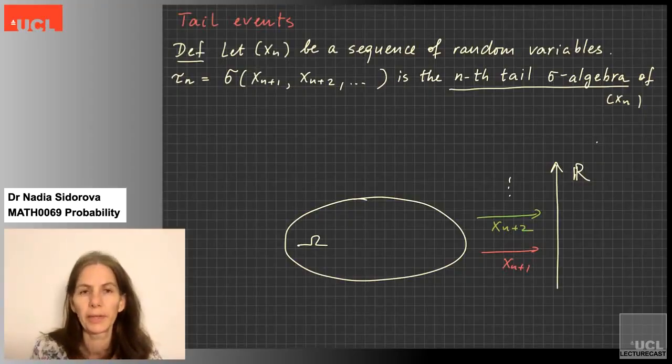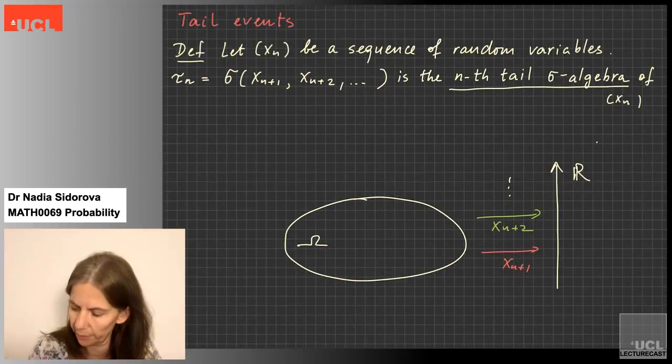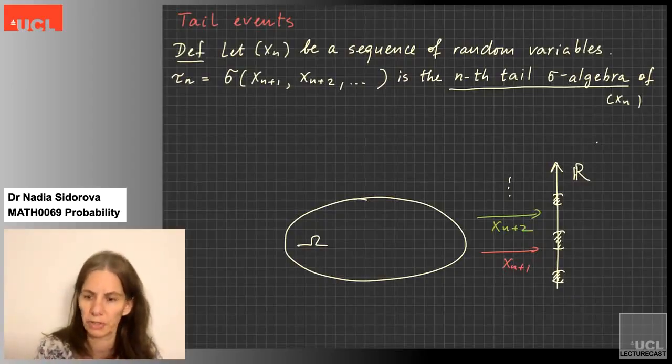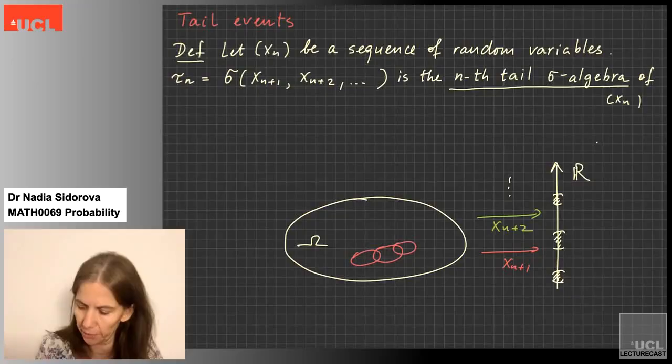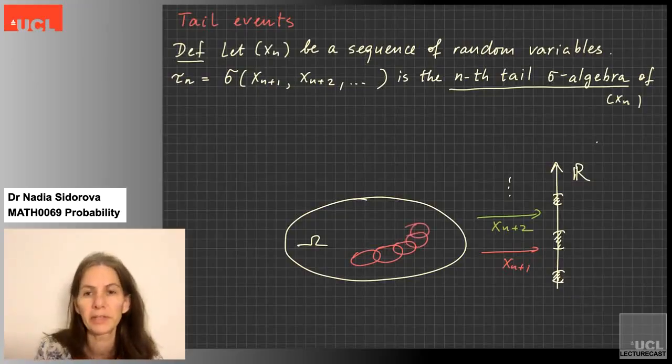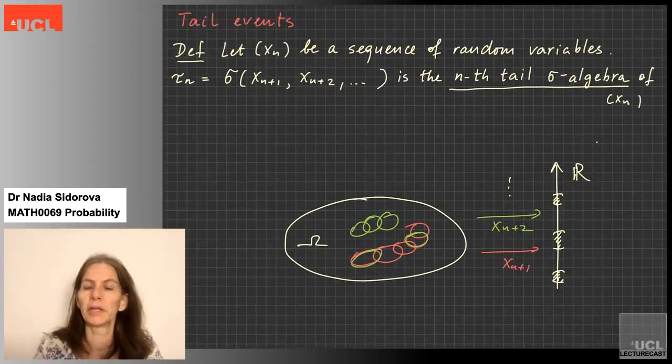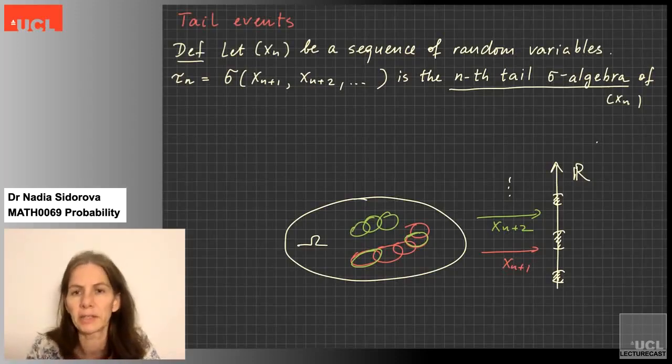And secondly, it tells us take the Borel sigma algebra, so the Borel sets in R, and take their pre-images under each of those random variables. So for xn plus 1 will give us some pre-images which I mark red. Xn plus 2 will give us some pre-images which I mark green. Some of them can be the same as the red ones, some will be different. And I get a different color for every next random variable.